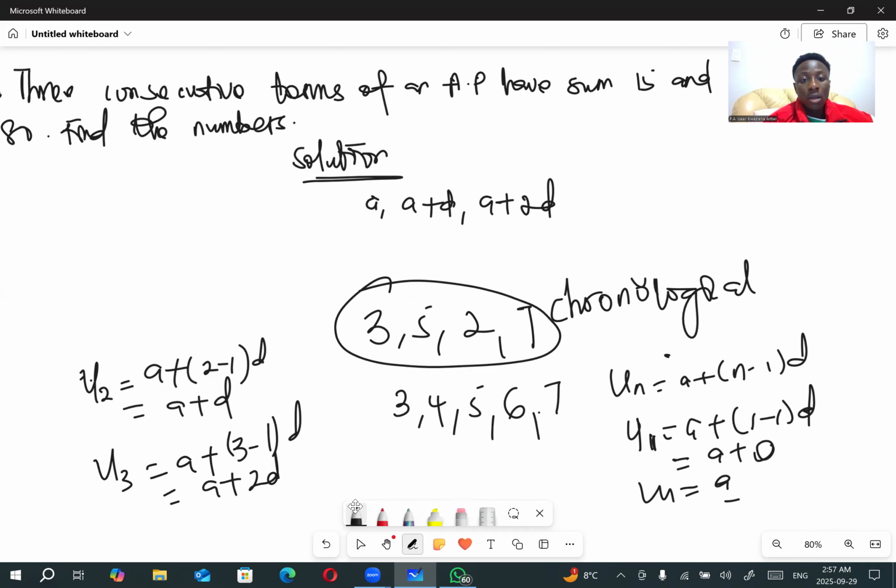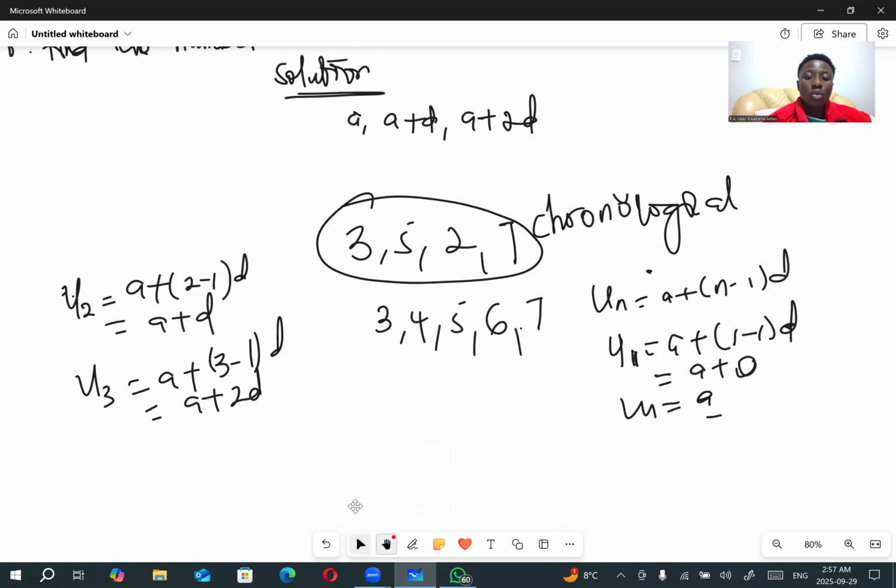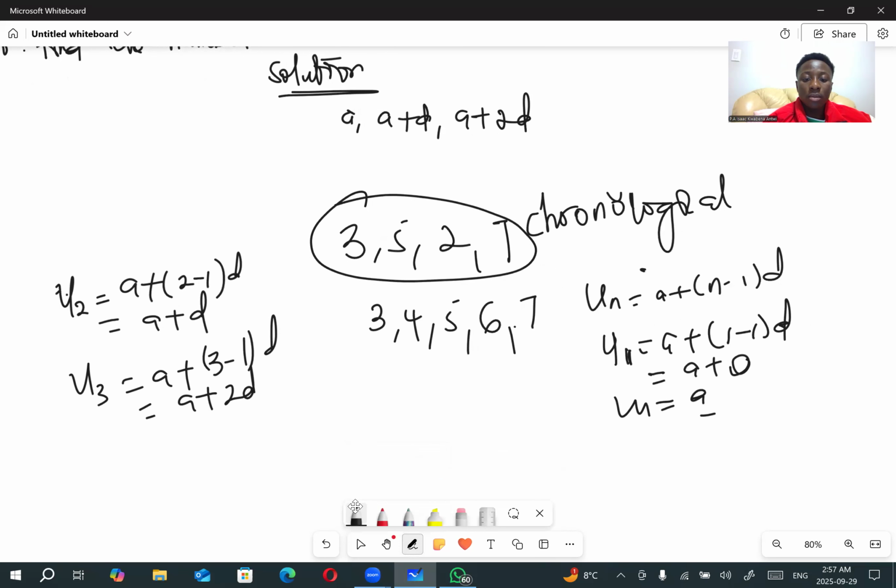So you don't know the first three terms. Consecutive means from this one, you must move to the next, and the next, and the next. So you can use these as your consecutive terms, considering the AP from the start. What's the fourth term?